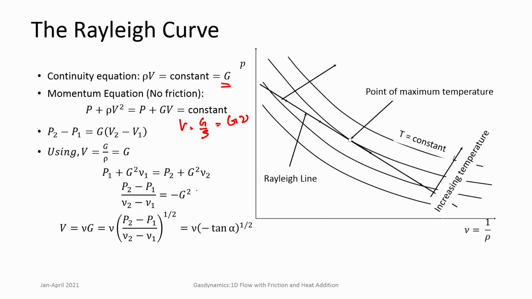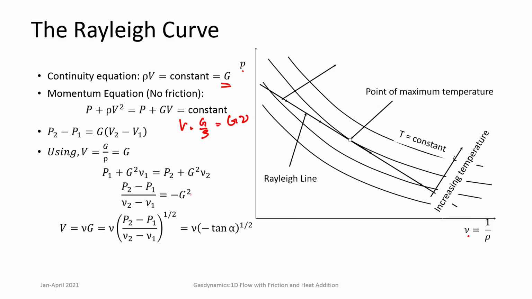So, the Rayleigh lines or Rayleigh curves, if drawn on P-v diagrams, pressure and specific volume, are actually straight lines. And from here you can understand that p 2 minus p 1 by v 2 minus v 1 is equal to minus G square.